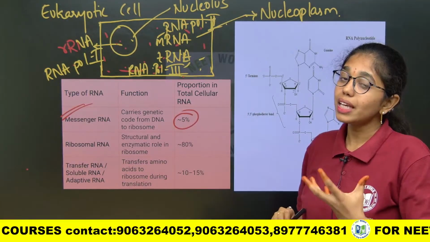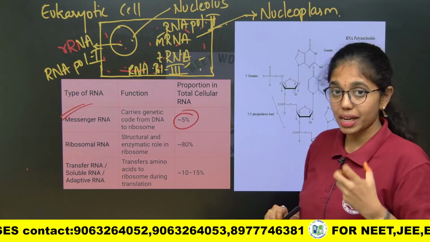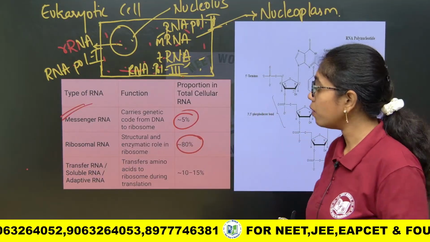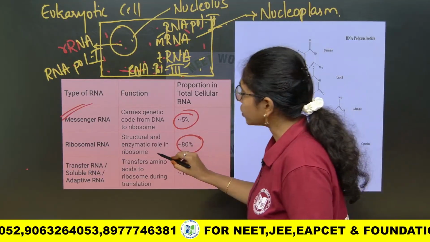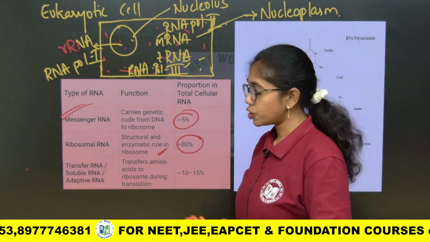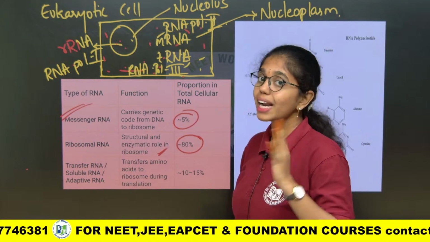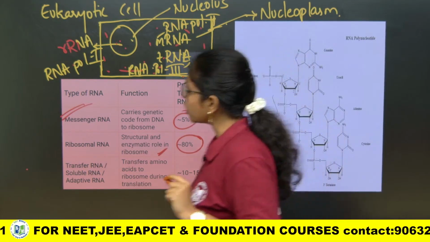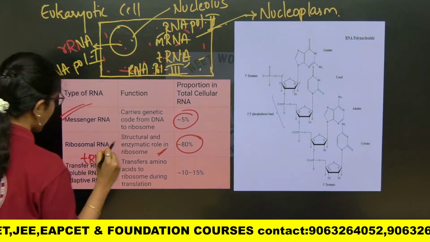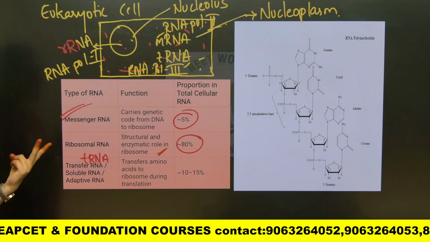Which RNA is highly abundantly present in the cell? It is rRNA, that is ribosomal RNA, whose main function is structure and enzymatic role in ribosomes. Third is what? Transfer RNA, soluble RNA or adaptive RNA. All these are synonyms of tRNA.